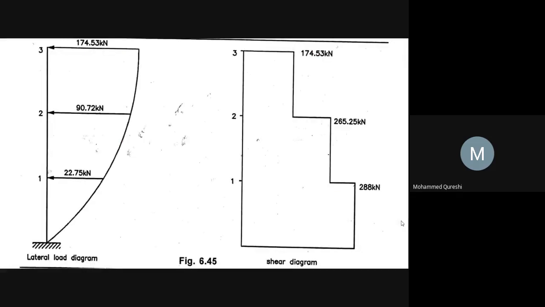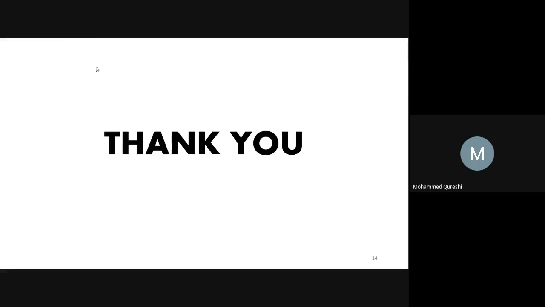So this way you have to distribute the lateral forces, and as we know, for the top floor the dimensions need to be in excess. So for all the floor levels the lateral load diagram will be drawn like this, and the shear diagram will be plotted in this form. So we will see the second example and third example related to the seismic coefficient method in the next lecture. Thank you.